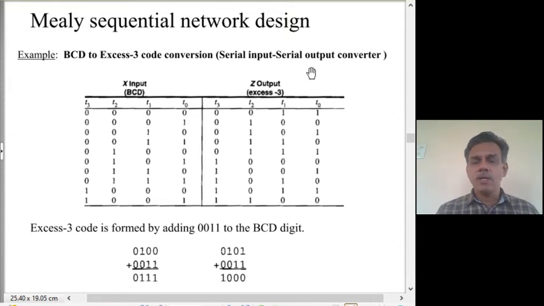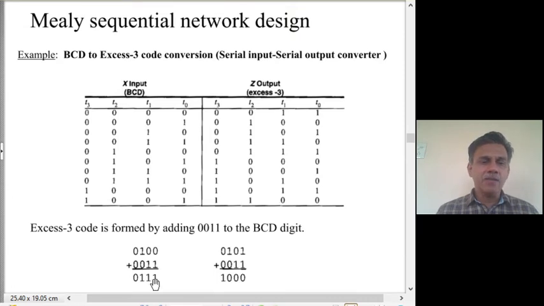How do we convert a BCD number to an XS3 coded number? We can simply do it by adding 3 to it, that is 0011. So, here 2 examples are given of converting BCD numbers to XS3. Suppose we have the BCD number 0100, which corresponds to the decimal 4.